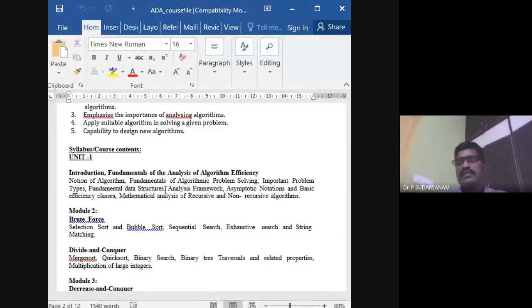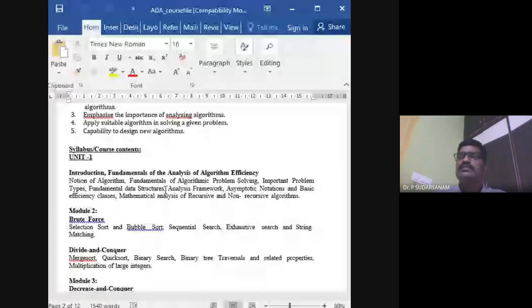Analysis of the framework is nothing but what we have done: 2 to the power of n, theta 10 to the power of n, those examples. Next is asymptotic notations, big O, omega, theta, and basic efficiency classes for mathematical analysis of recursive and non-recursive problems.